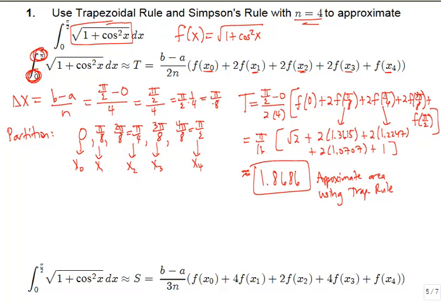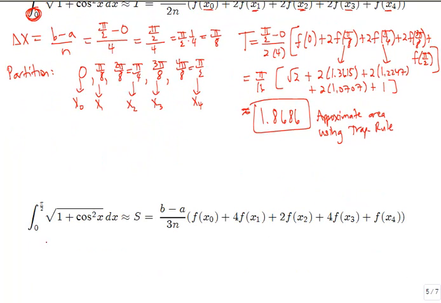That's still going to be pi over 8. And the partition points did not change either, because we're still using 4 for our n. So our partition points are still going to be 0, pi over 8, pi over 4, 3 pi over 8, and pi over 2.